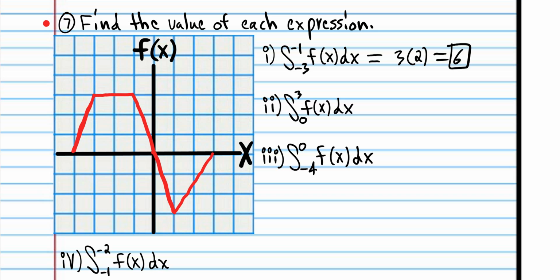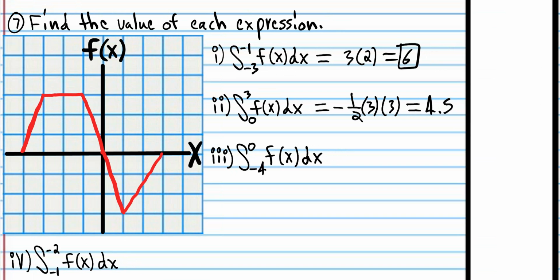So the area of that triangle is 1/2 times the base, which is 3, times the height, which is also 3. It looks like we get 4.5. But it's going to be negative area, so let me add my negative. So there you go.